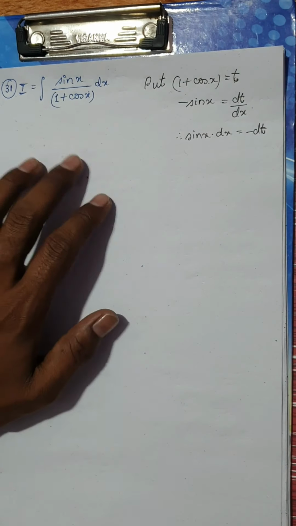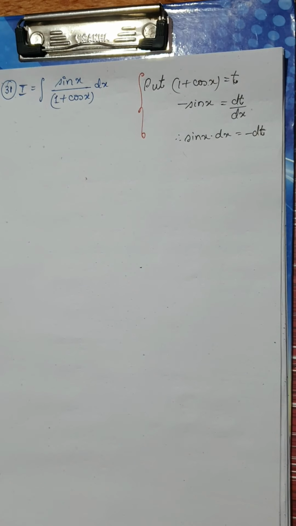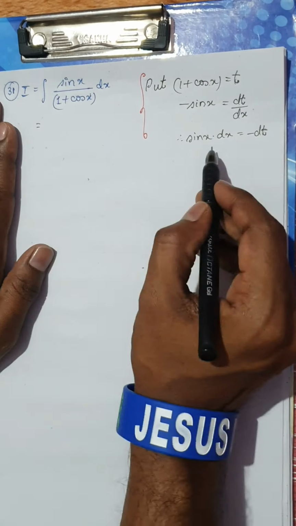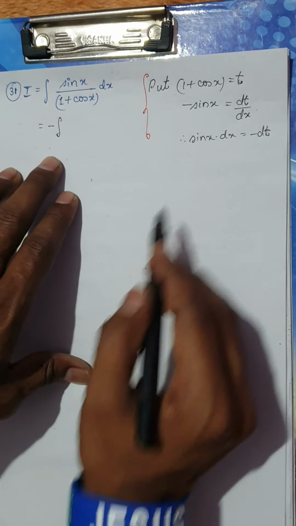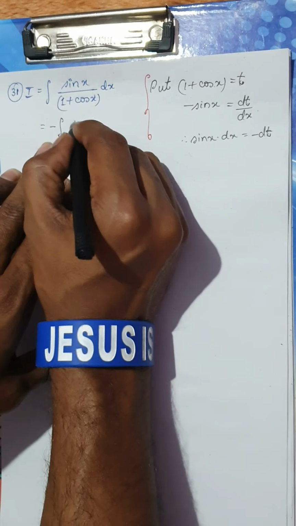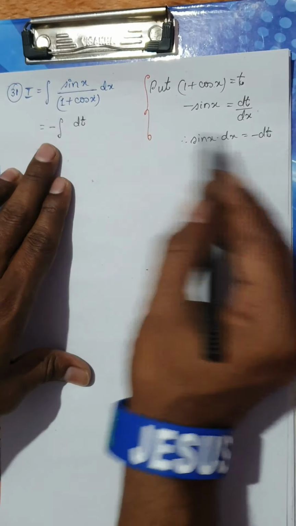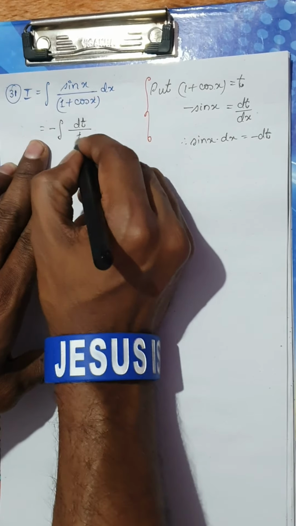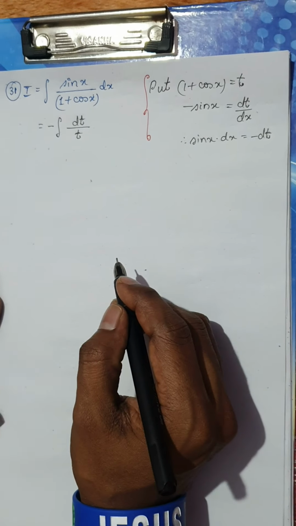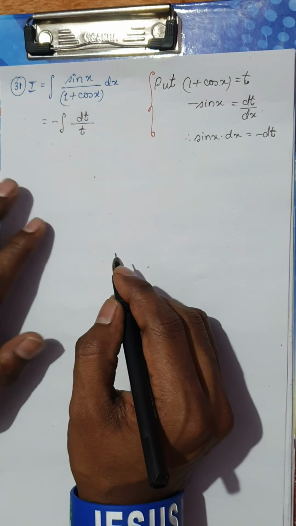Is it clear? So let me keep it aside, which is the substitution part. The integral becomes minus dt, so let me keep this minus outside. The integral of sin x dx would be dt, with the minus outside, divided by 1 plus cos x, which is t. Again I got dt by t, a standard result which I have been using.